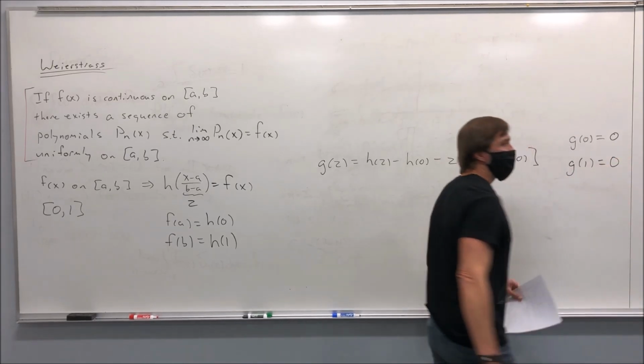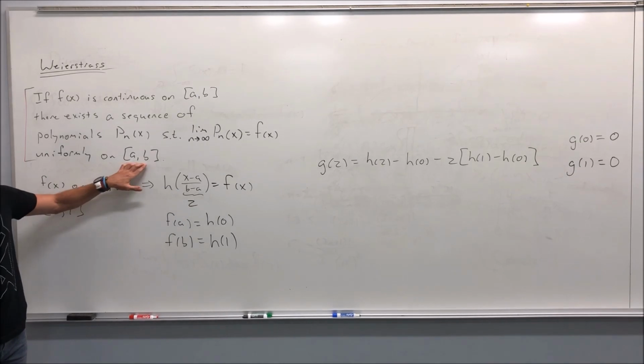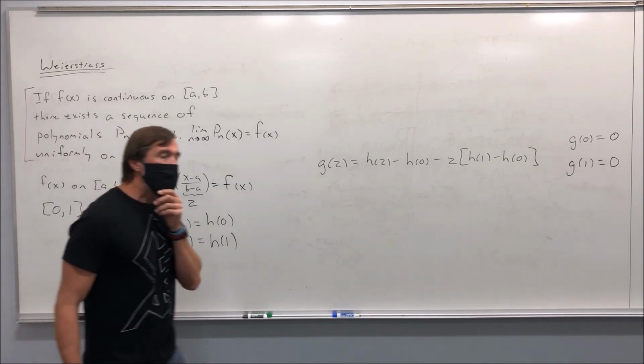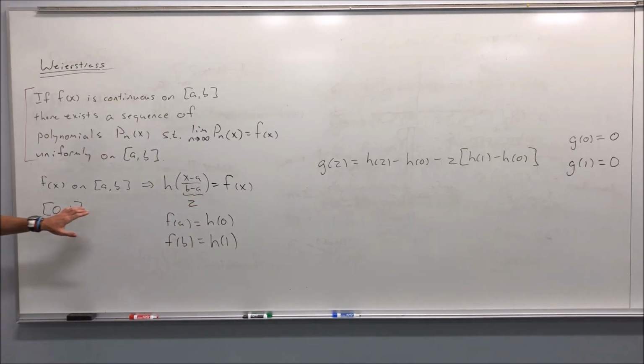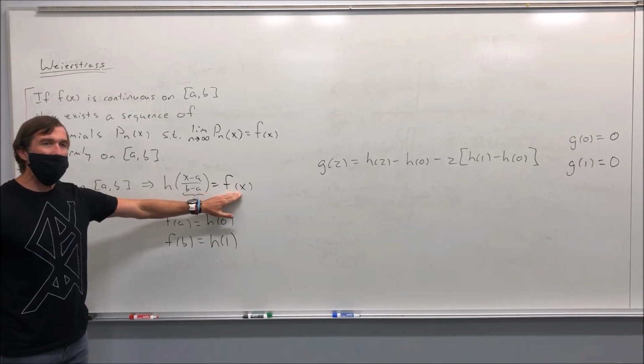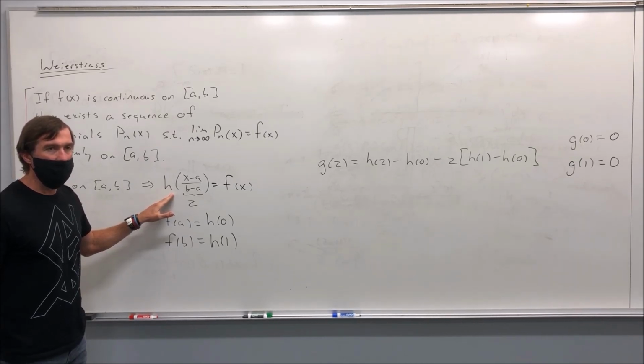So it turns out that in addition to taking the arbitrary interval and redefining it in terms of an interval from 0 to 1, we can also arbitrarily redefine things such that the function we're dealing with vanishes at the boundaries of this interval. Now here's the important thing. This redefinition, if f starts out as a polynomial, h will be a polynomial in z as well.